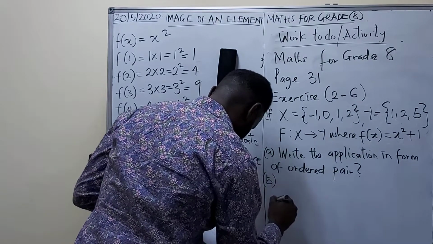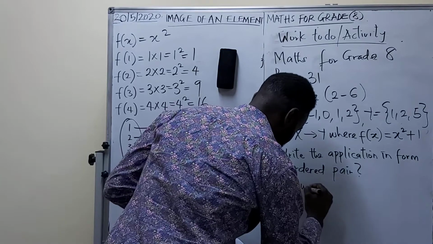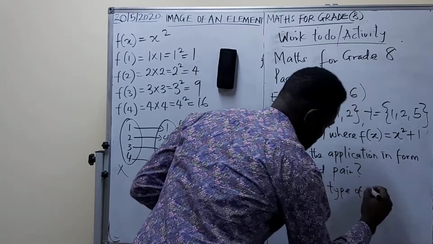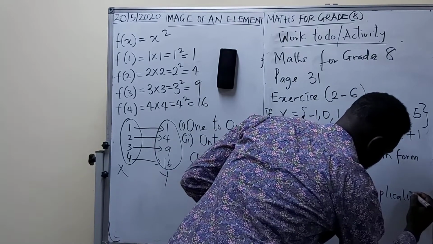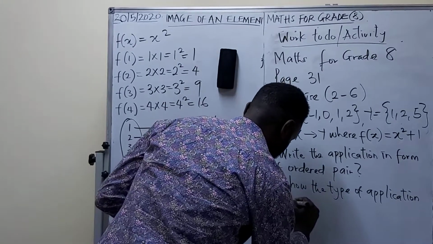B part says show the type of application of function.